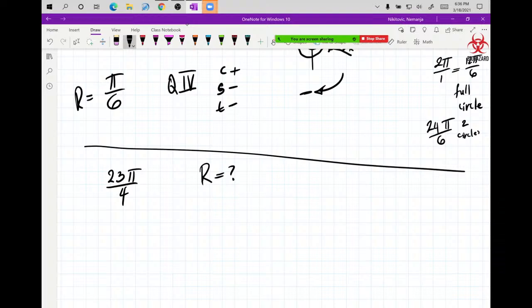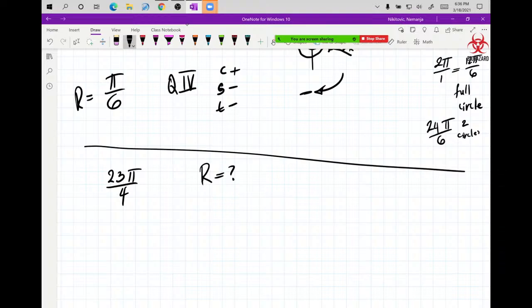Okay, so what do you have? Seven pi over 4 is not in the first quadrant, right? Yeah, we need a reference angle. A reference angle always has to be in the first quadrant. But you are getting there because you are already on a good path.